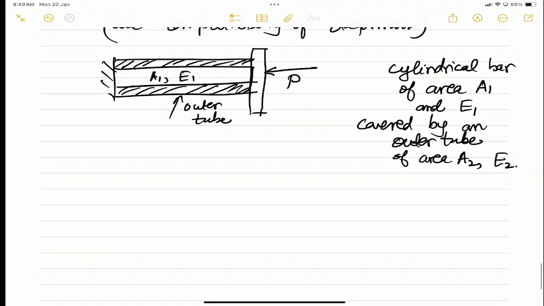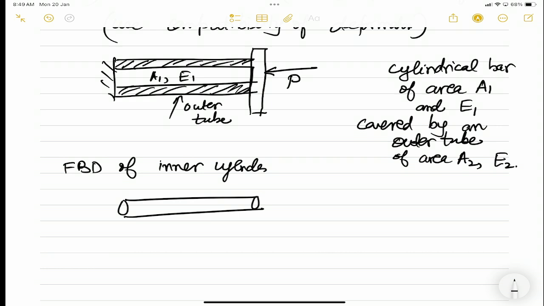So now if I draw the free body diagram of the inner cylinder, then this is what I am going to get, that there is a force P1. I do not know how this force P is divided on the inner cylinder and the outer cylinder. So in that sense, this is a statically indeterminate problem. I know the total force is P, but how much of this P is going on the inner cylinder, we don't know. How much of the P is going on the outer tube, we don't know.